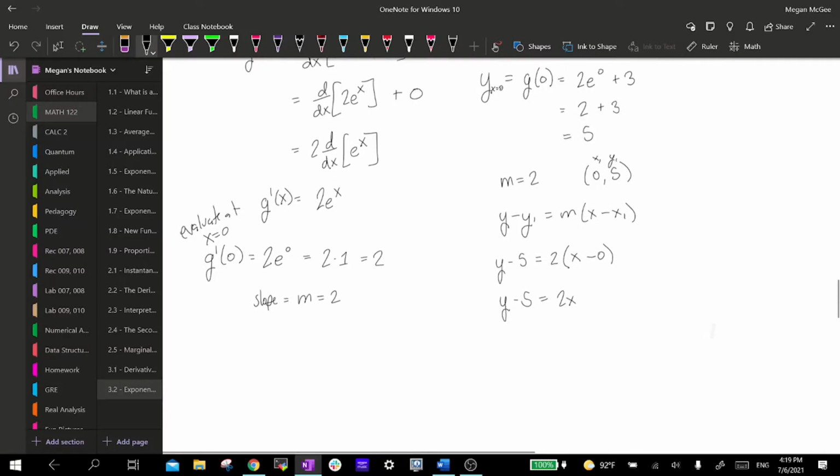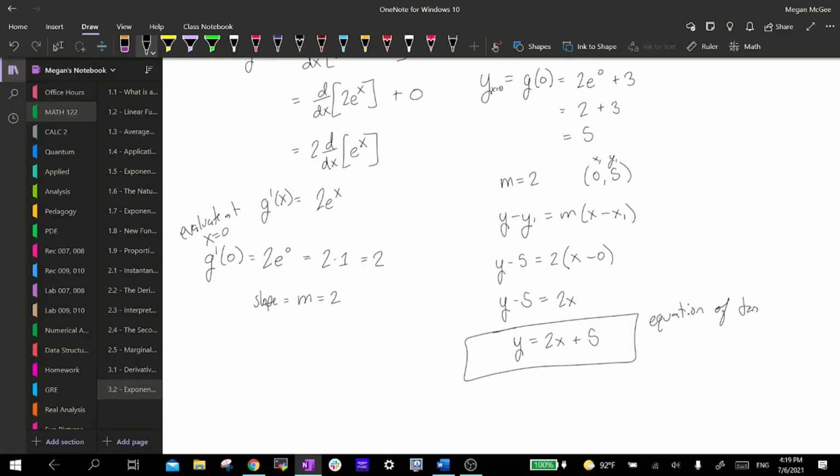We'll go ahead and move the 5 over to the other side. So we get y is equal to 2x plus 5, and this is our equation of the tangent line at x is equal to 0. Okay?